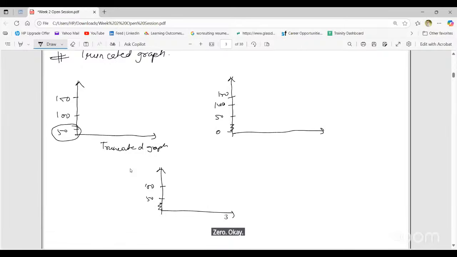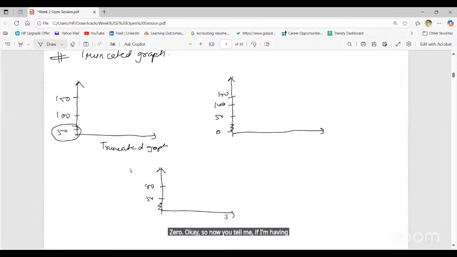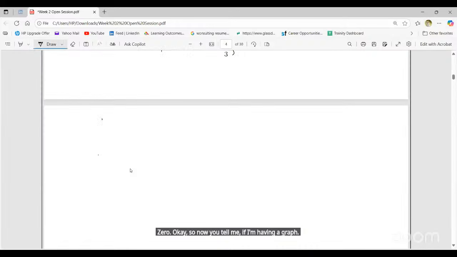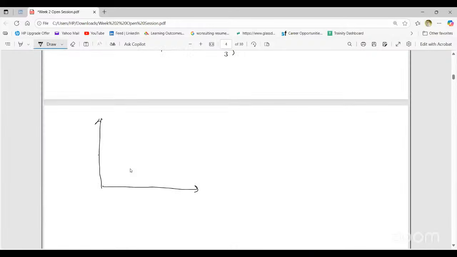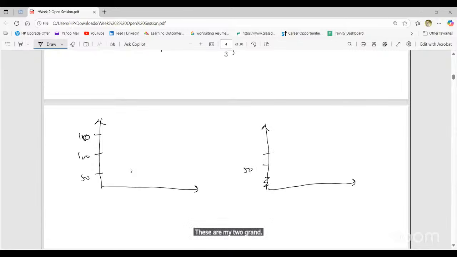Okay, so now you tell me, these are my two graphs. Are these both the same? Are these both correct graphs? No, ma'am. Both are different.